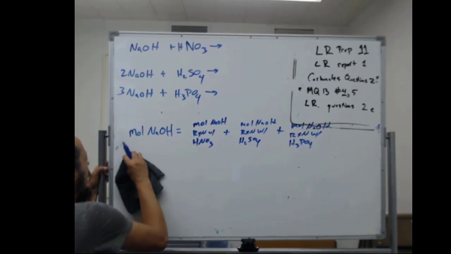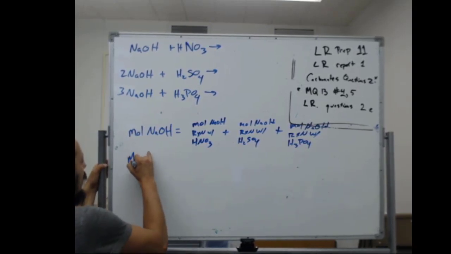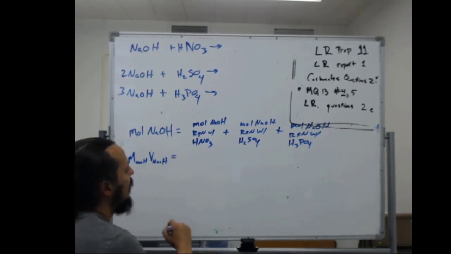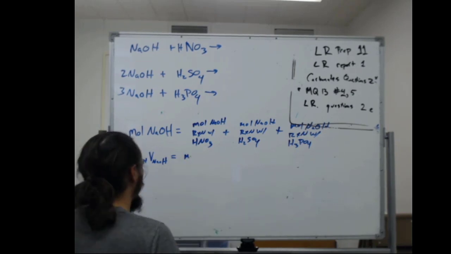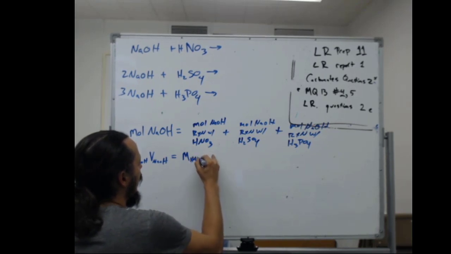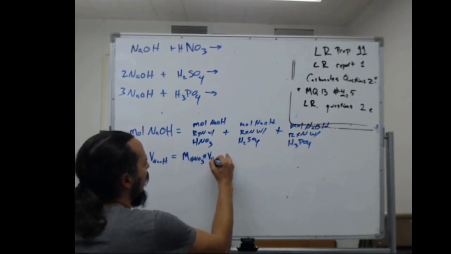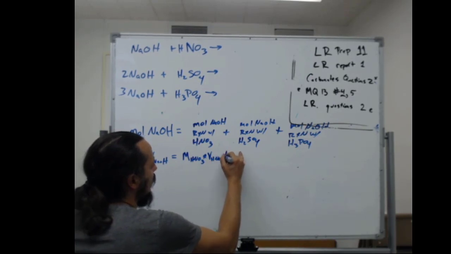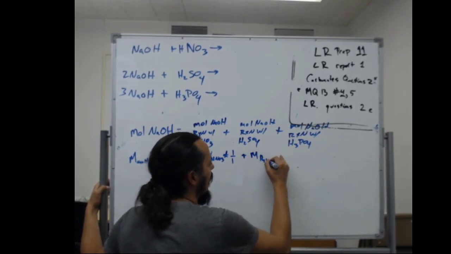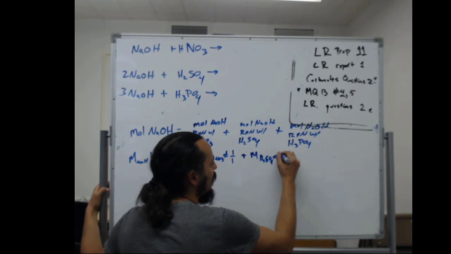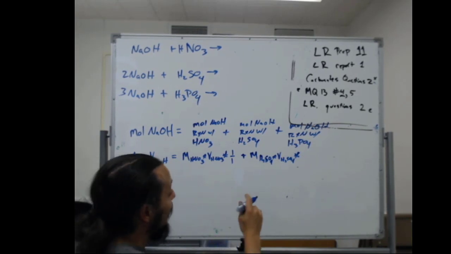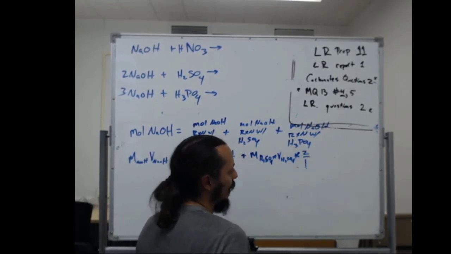Molarity NaOH times volume NaOH is going to be equal to molarity HNO3 times volume HNO3 times the 1-to-1 mole ratio, plus the molarity H2SO4 times the volume H2SO4 times, with wanting to get it to sodium hydroxide, that's going to be a 2-to-1 ratio, right?